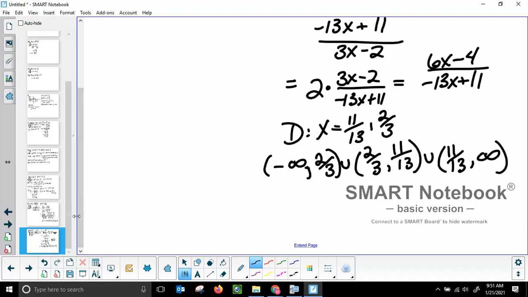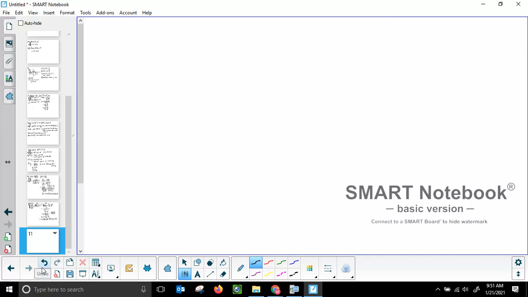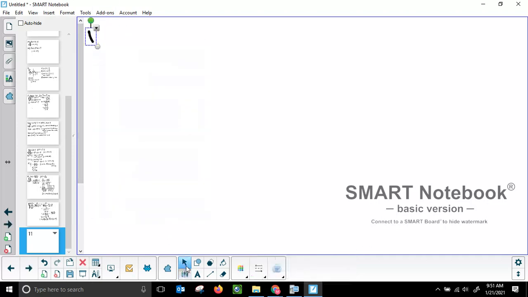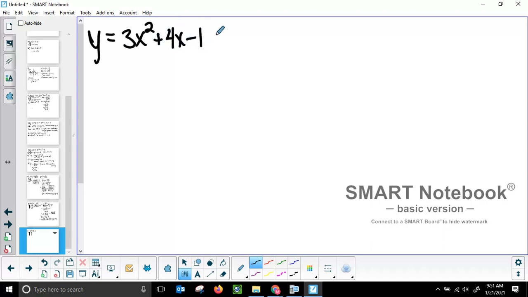Let's see, number 9. Find the vertex, axis of symmetry, and x and y intercepts, if any, of y is equal to 3x squared plus 4x minus 1.